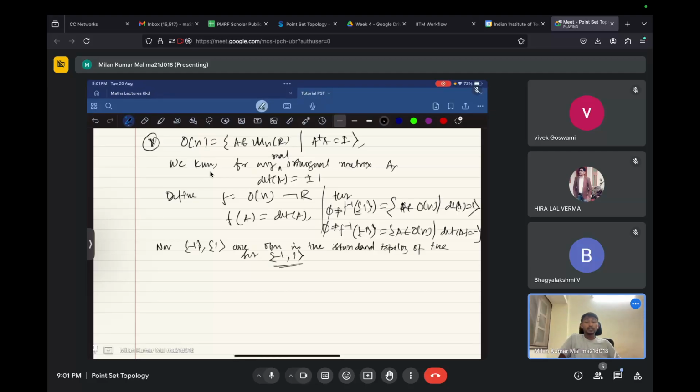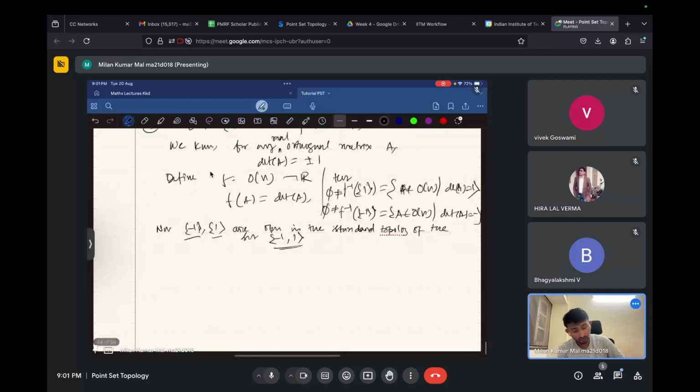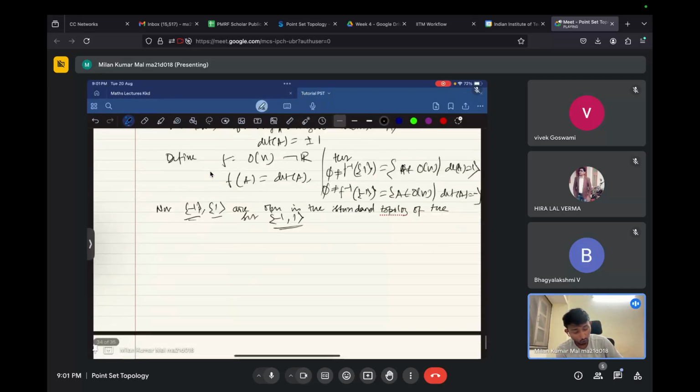Note that this {-1, 1}, as a subset of the real numbers, has the subspace topology of the real numbers, which is the standard topology, and for that topology these singleton sets are open. But when I consider the real numbers as the full space with the usual standard topology, then those single-point elements are not open sets.